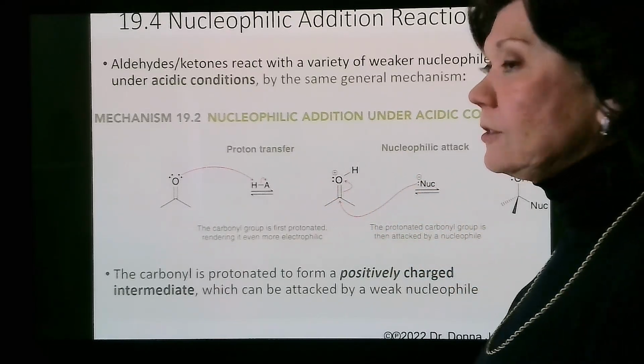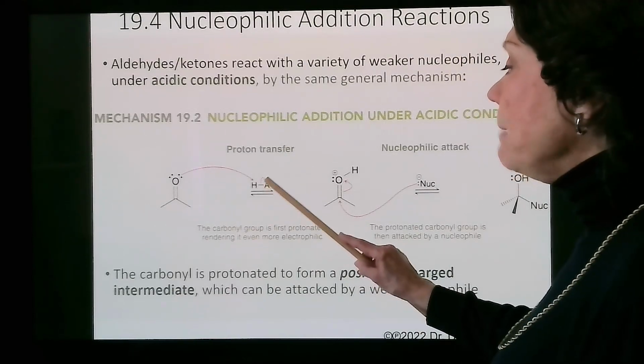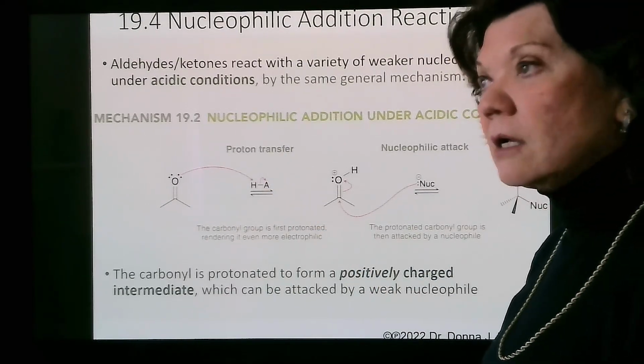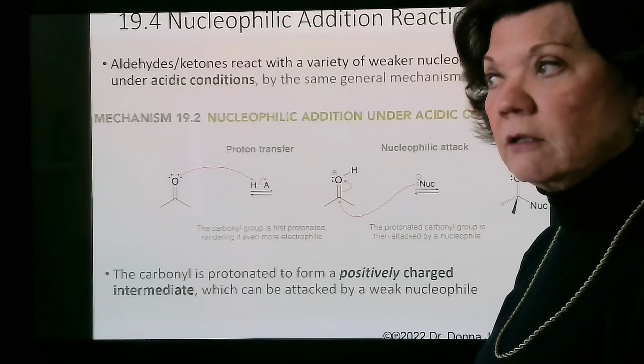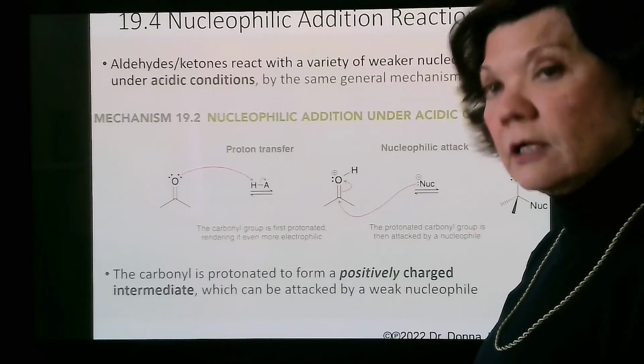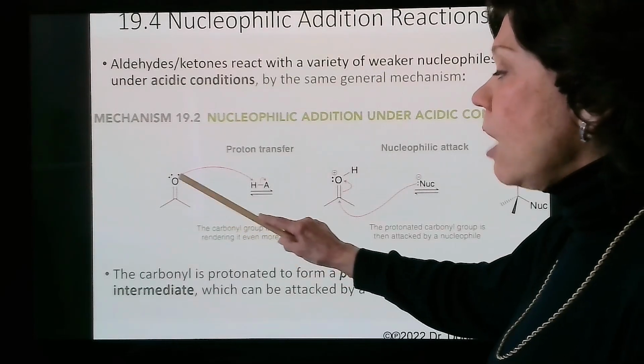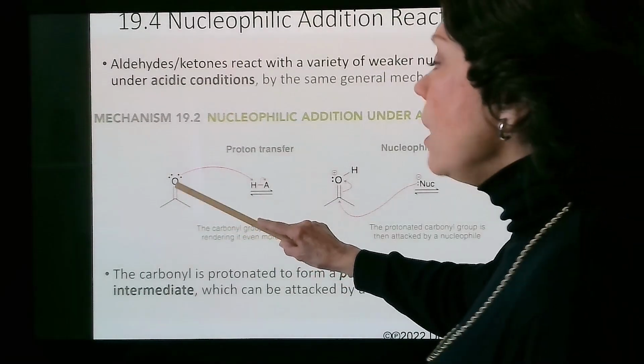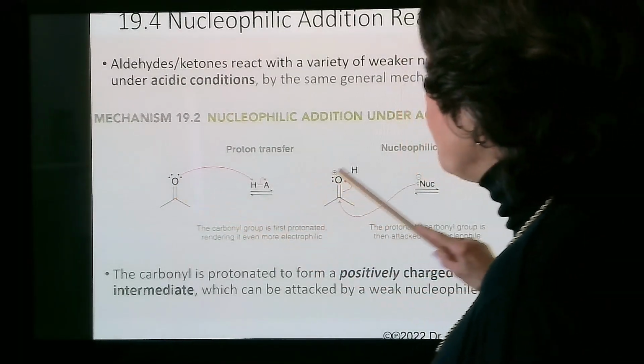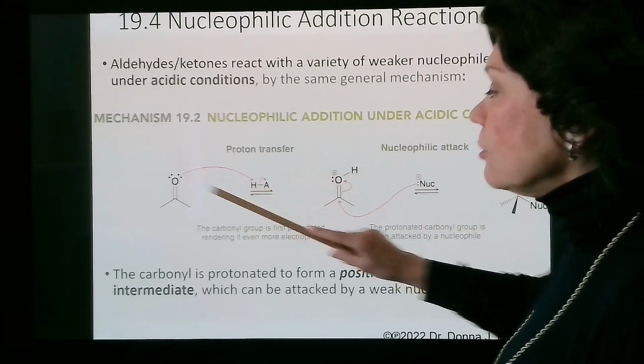So this is simply a situation in which A minus is not a strong enough nucleophile to react on its own with the carbonyl, and so the carbonyl is not reactive enough, and so it's given a little boost by attaching a proton to it.